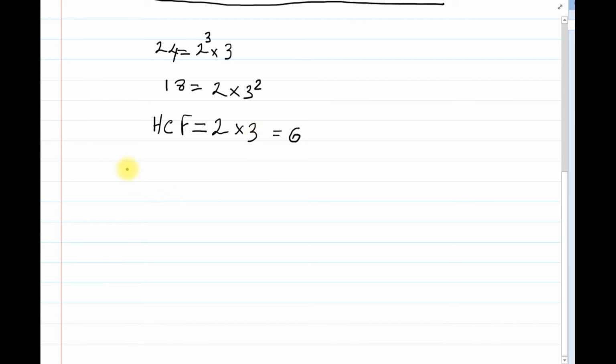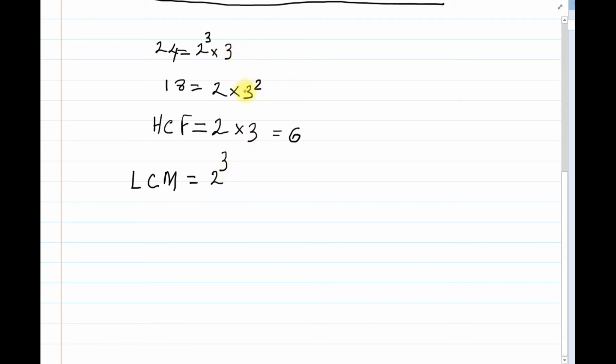Now to find the lowest common multiple, we look at the common factors, which is 2 and 2 to the 3, but we take the one with the highest power, so it's 2 to the power 3.